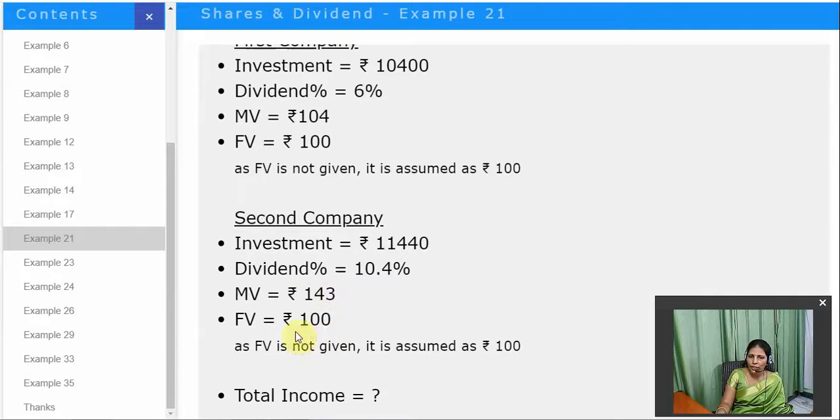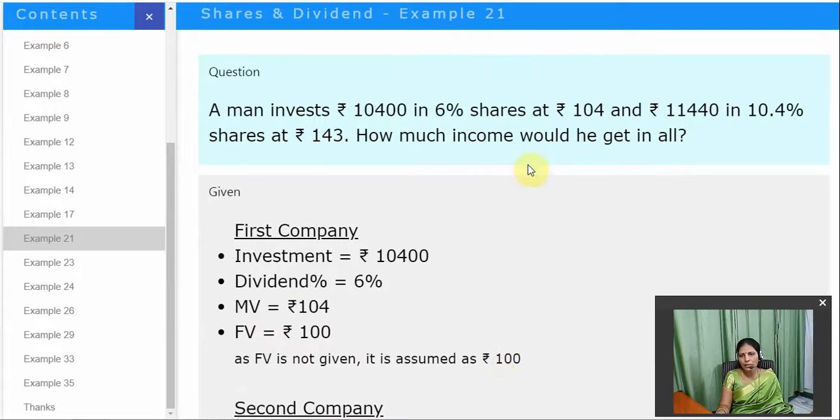As I told you earlier, the face value is not given, so we are assuming it as 100. Now what is the question? How much income would he get in all? Now he has invested in the first company and then in the second company. How much income would he get in all? So they are asking what is the total income he is receiving out of both the companies.